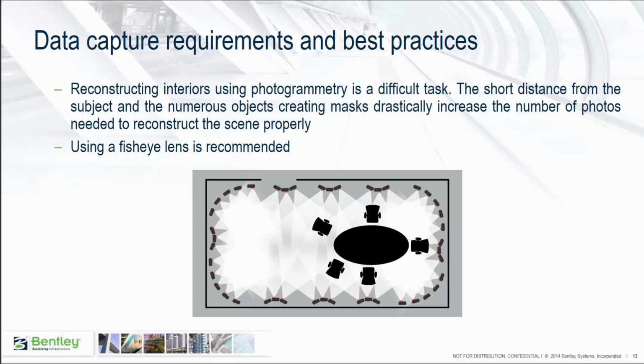Anyway, we recommend to use a fisheye lens in this environment, a tiny environment, to be able to capture most of the scene in your frame and get a better chance of passing the AT and getting a good reconstruction.